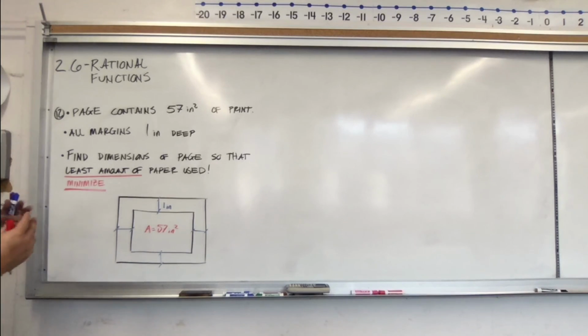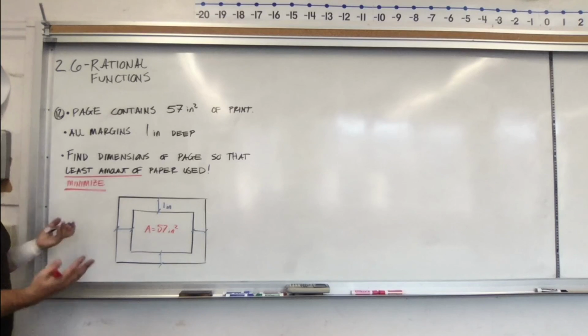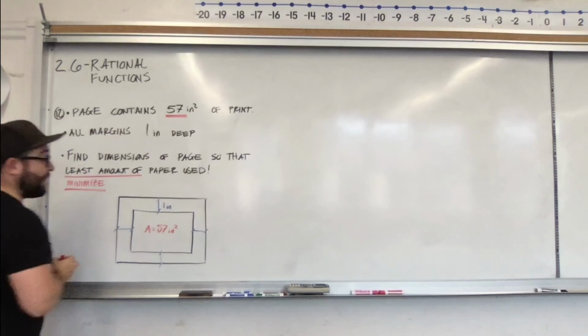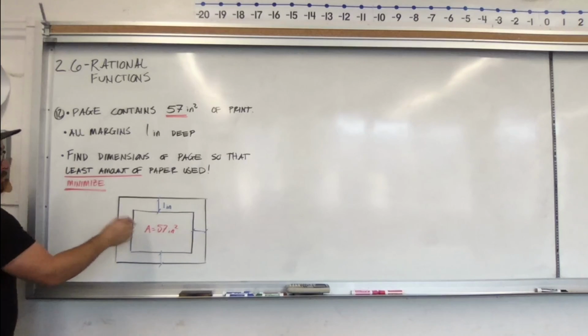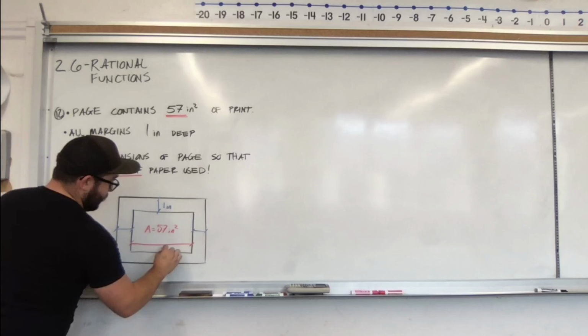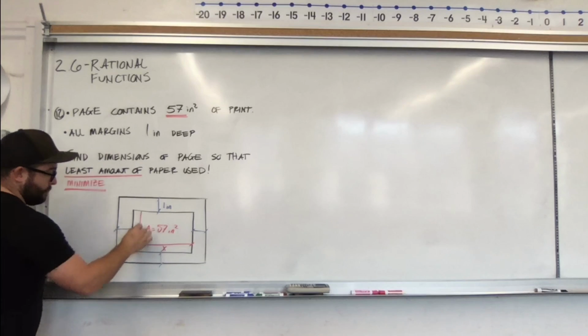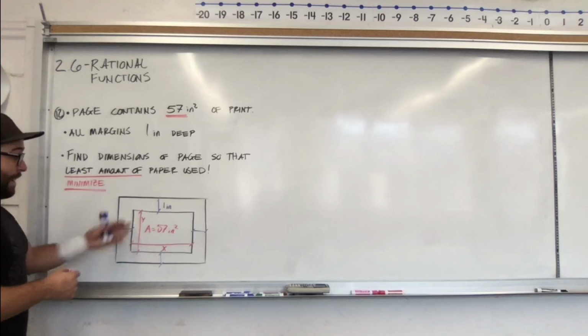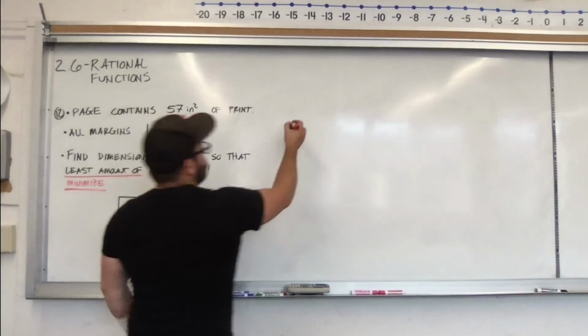But first, we gotta produce something, right? How do we do this? Well, with any application, you start with what you know. So the first thing we do know is the area of the inside page. Now, if I call the horizontal measurement my x and the vertical measurement my y, then I can find my area. So I'm going to start there.